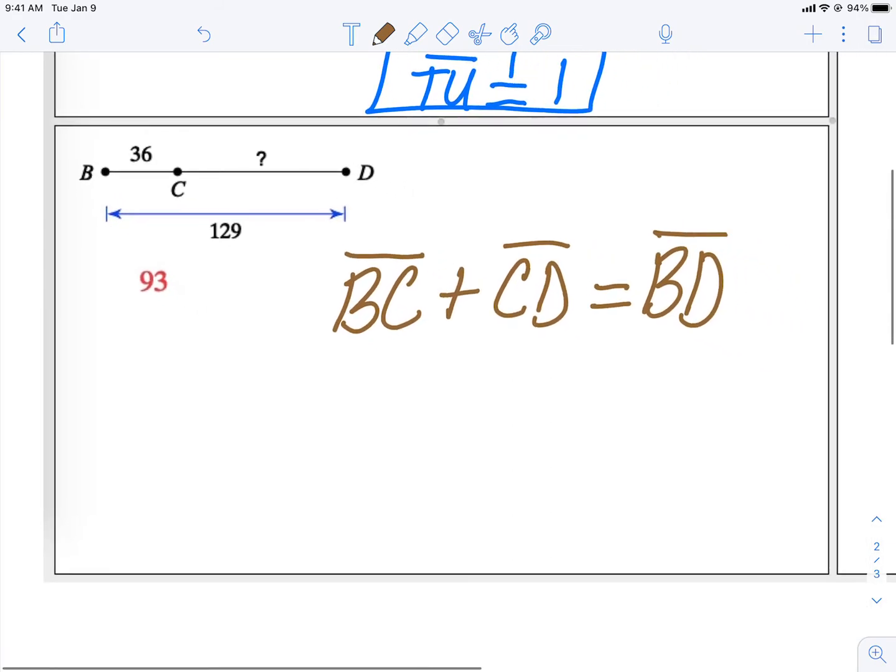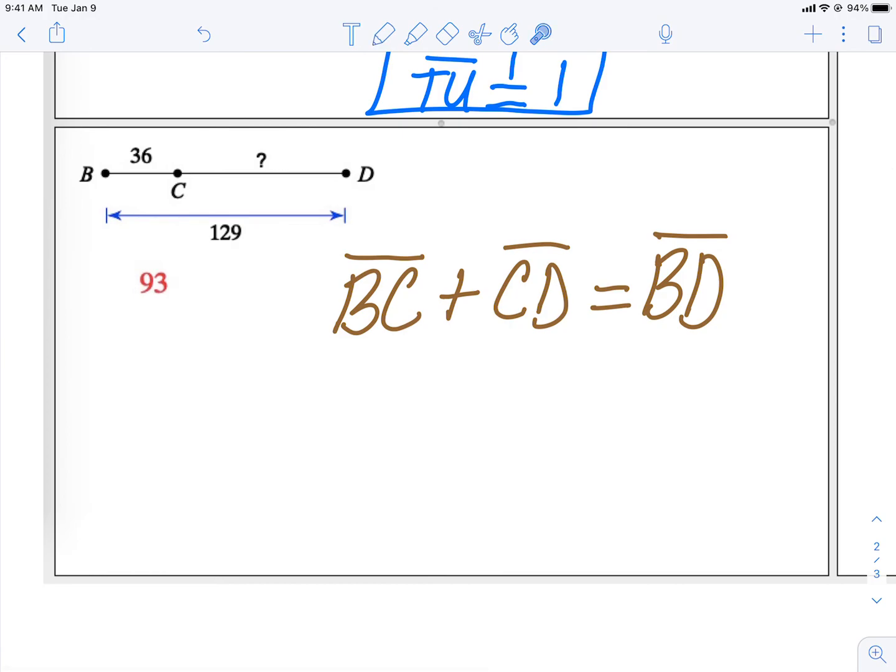So let's substitute now. B to C is equal to 36. Well, I can substitute and put 36 right here, plus C to D is question mark. We don't know.